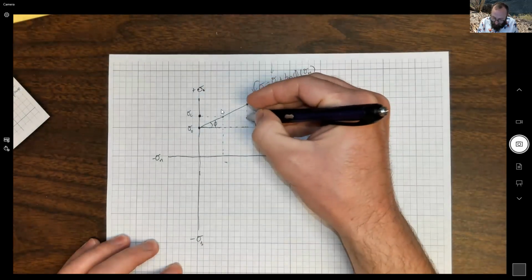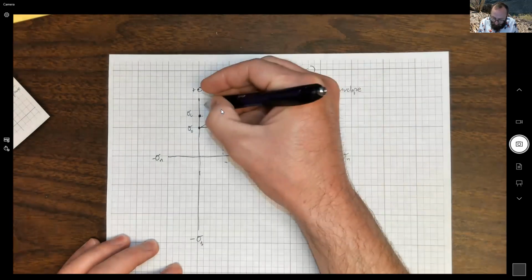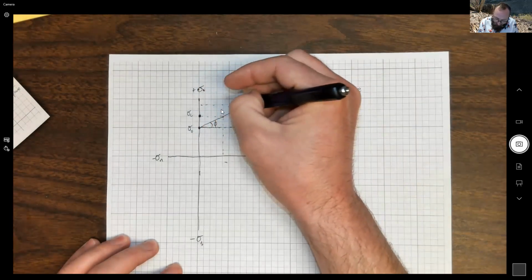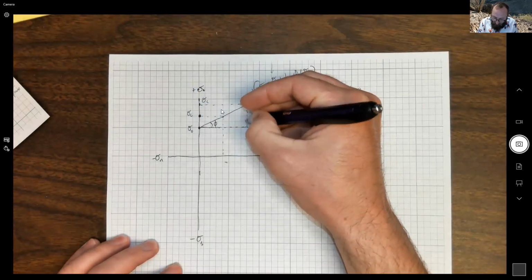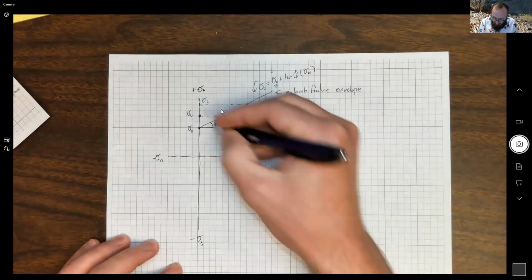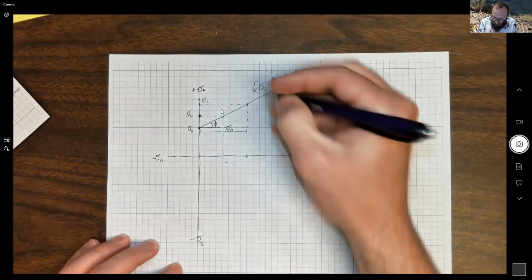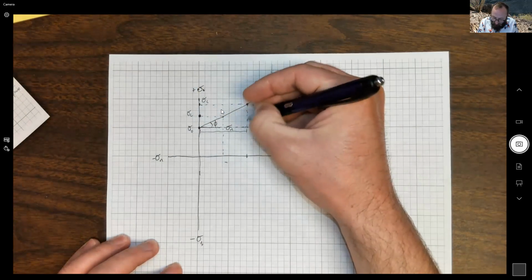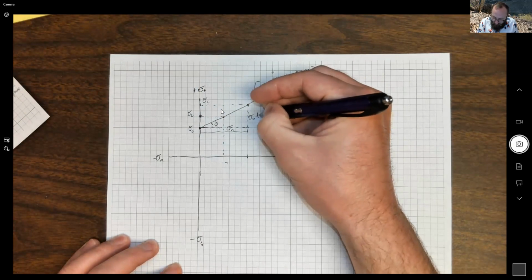Okay, and just from making this into a triangle problem, in order to solve for the shear stress here, this side of the triangle is sigma n, the magnitude of normal stress, and the value of this leg of the triangle is sigma n tan phi.